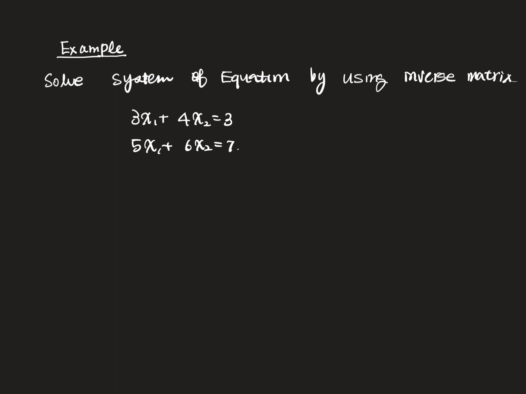First, change this into a matrix equation. The matrix equation form is A times x equals b. A is the coefficient matrix, x is the variable, and b is the constant. So the matrix A is the coefficients 3, 4, 5, 6.